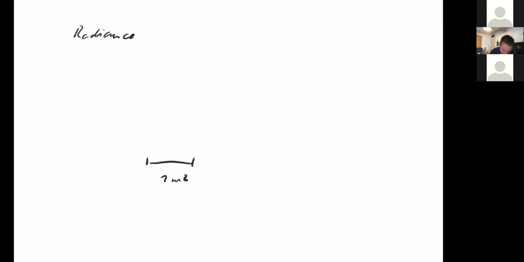This one gets irradiated by EG, ground irradiance. So you get watts per square meter per nanometer as an irradiance, and now you observe it. If you observe it, then you observe it over a certain angle.